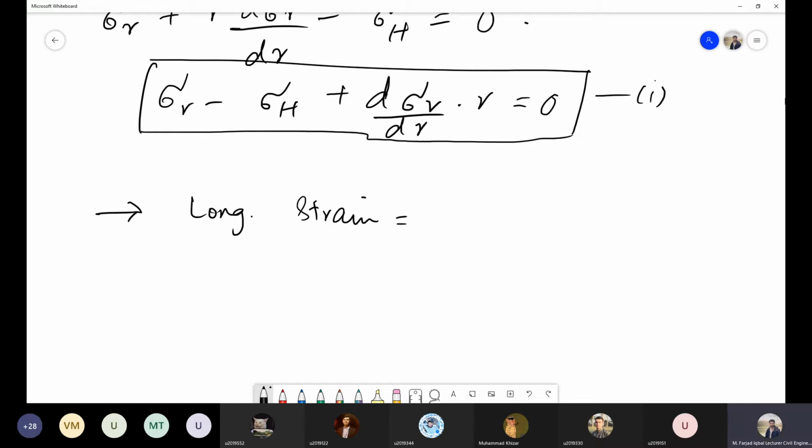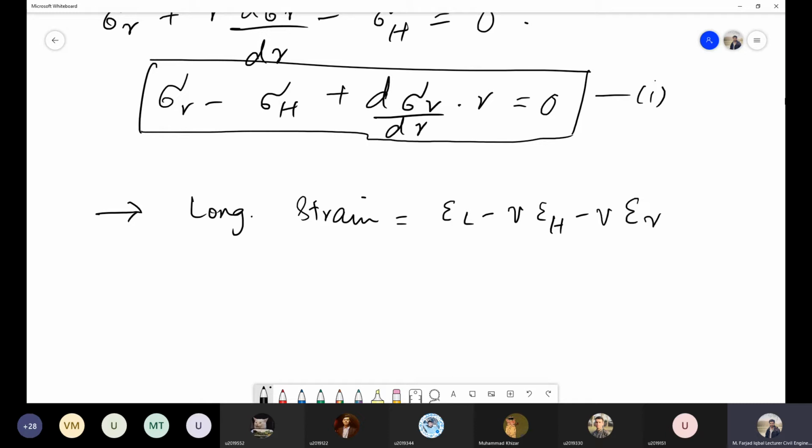If I want to represent the longitudinal strain, we know that when a strain is acting in one particular direction, it tends to reduce the strains acting in the other two directions. So the total strain in the longitudinal direction will be the longitudinal strain itself minus the hoop strain multiplied by the Poisson's ratio, and the third term is the radial strain.